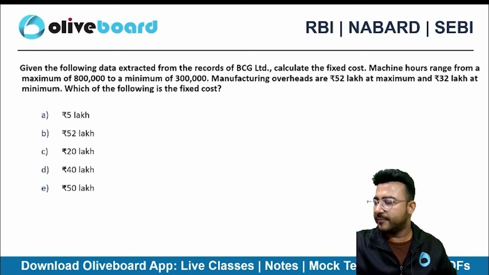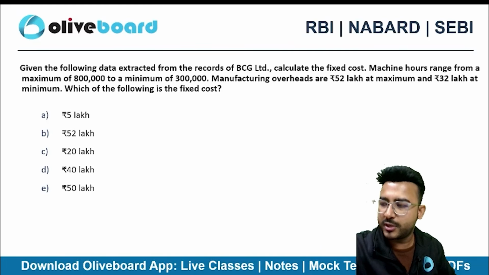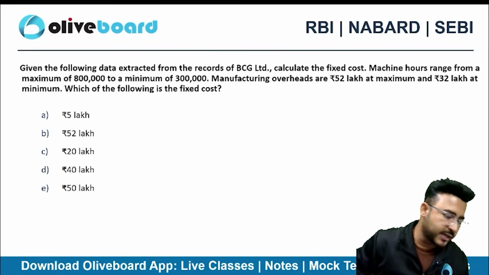For calculating the fixed cost, first go ahead and calculate the variable cost per unit, and then you can calculate the fixed cost.